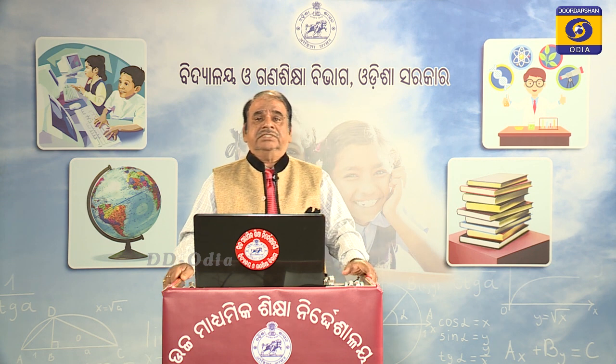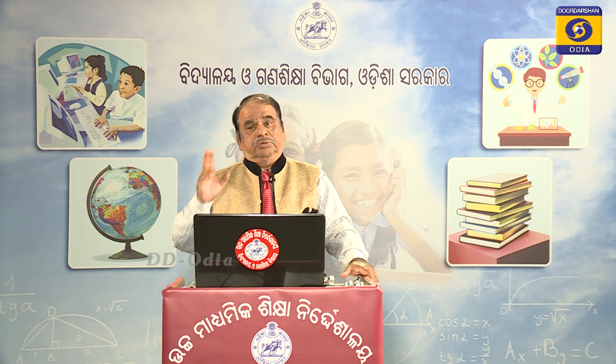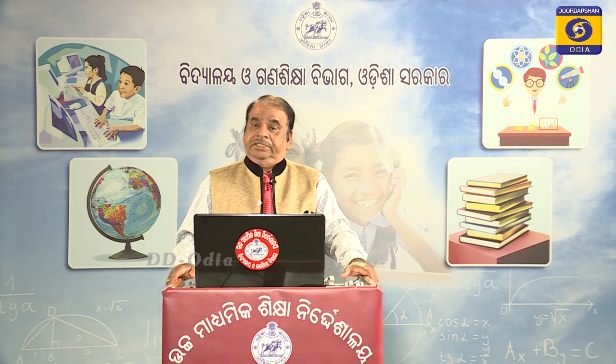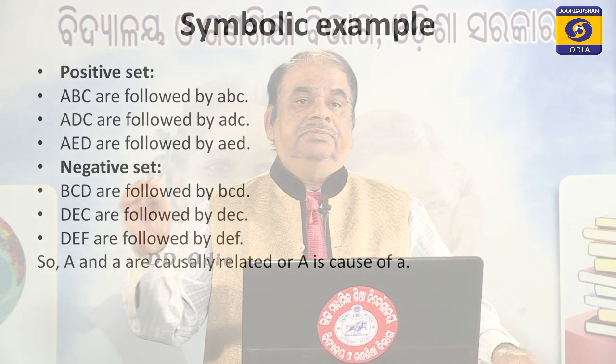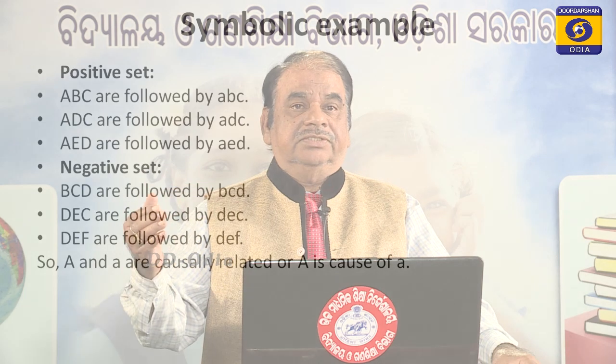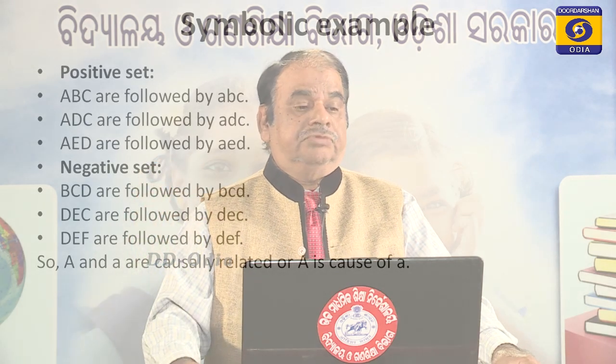The symbolic example will be given with the help of two shades, the positive shade and the negative shade, and it can be given in this manner: ABC is followed by abc. Capital ABC represents the factors of the antecedent side, and the small letters abc symbolize the factors of the consequent side.